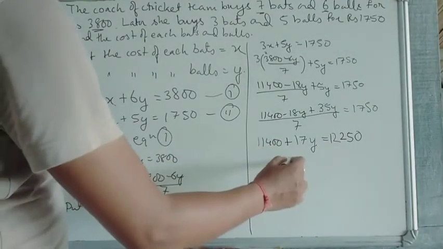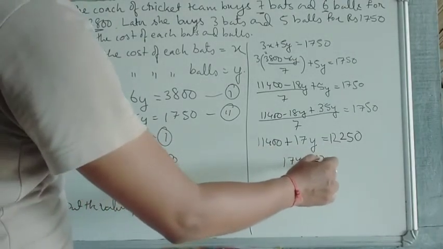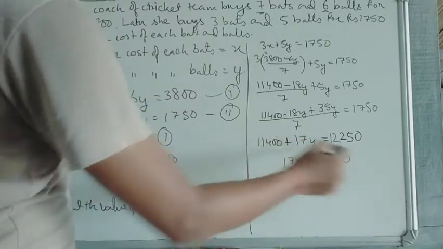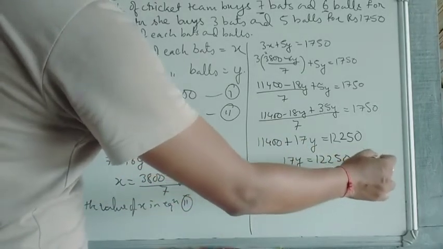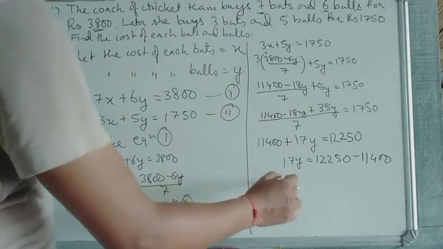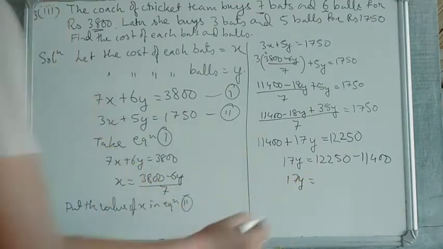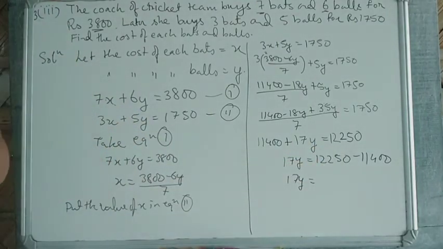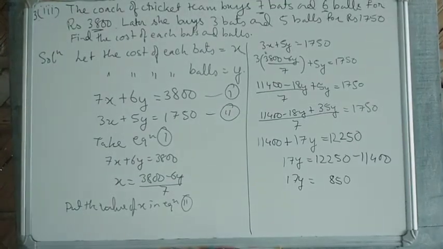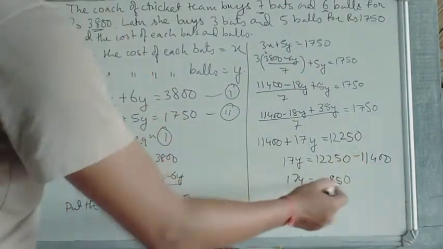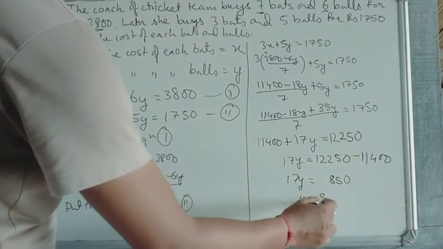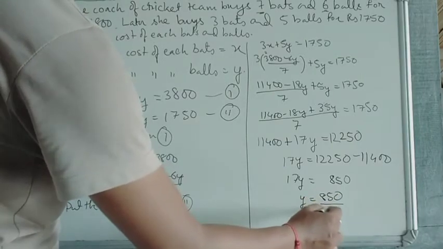Now 17y will be equal to 12250 minus 11400. So 17y will be equal to, this one we will subtract, so this comes 850.